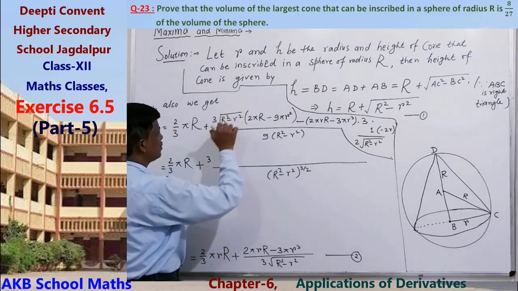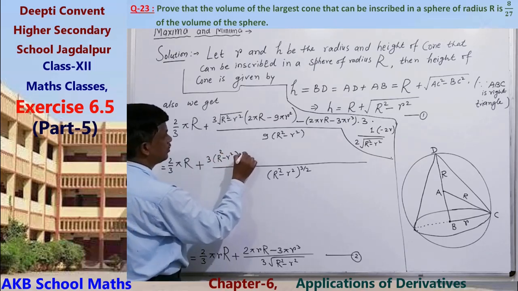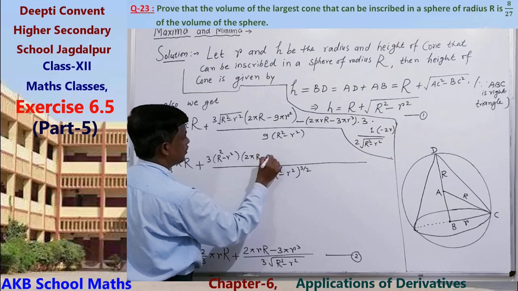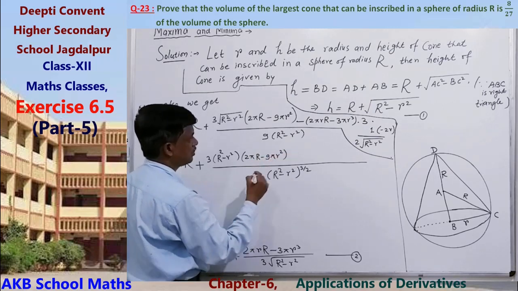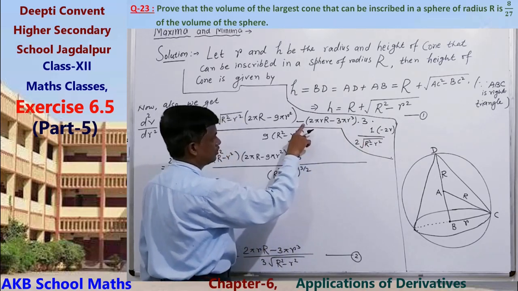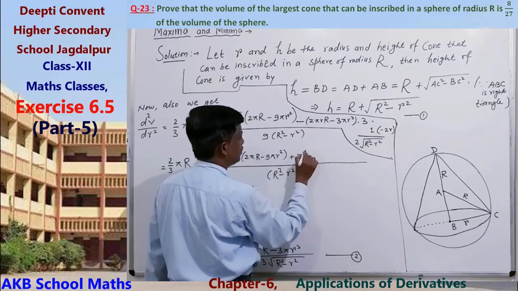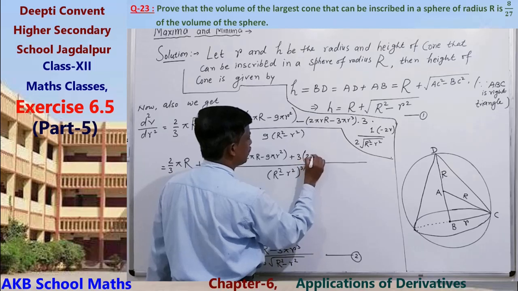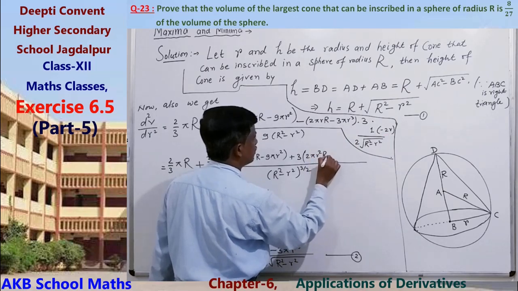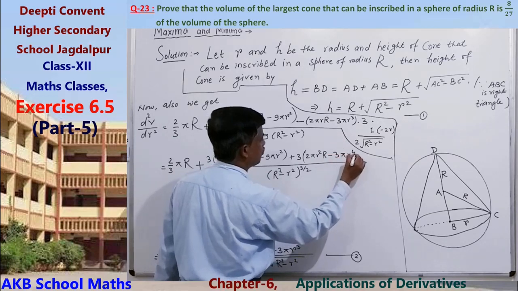This equals (R square minus r square) into 2 pi R minus 9 pi r cube (R square minus r square), minus 3 times 2 pi R multiplied by r square R minus 3 pi r power 4.